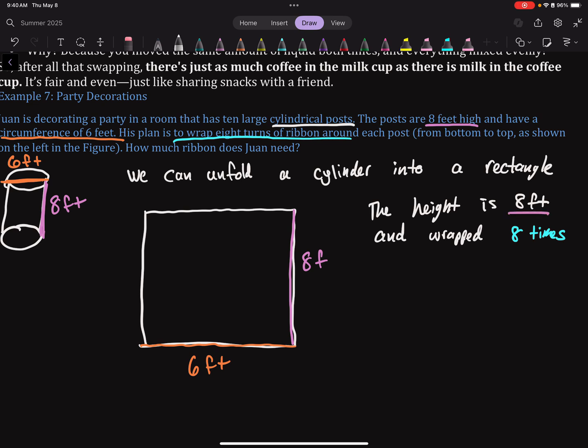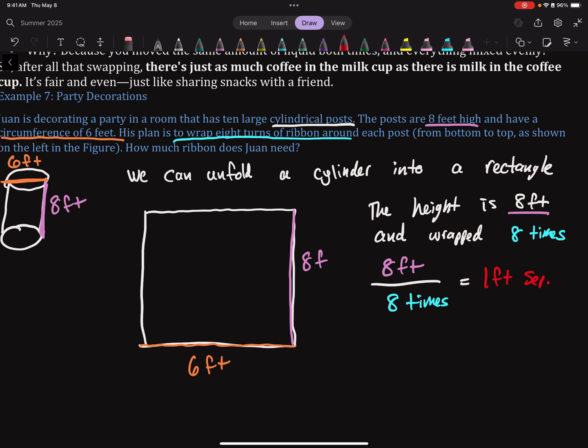So what that means is it needs to be separated by some type of distance. So if it's 8 feet high and you need to wrap it 8 times, that's 1 foot per time. So it's actually 1 foot per turn, but we're going to say 1 foot separation, because each ribbon will now be separated by 1 foot.